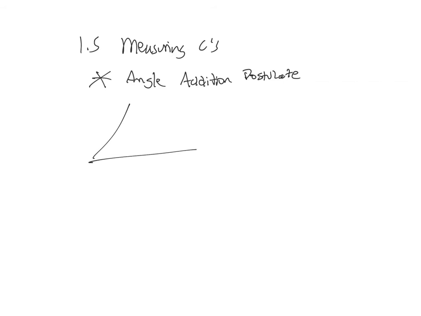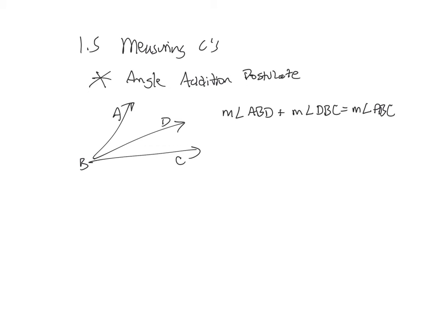So if I had this, which would say the measure of angle ABD plus the measure of angle DBC equals the measure of angle ABC.